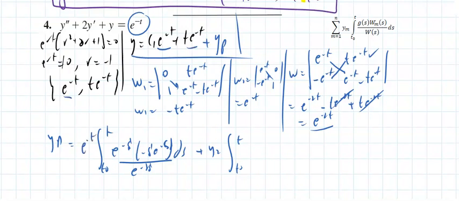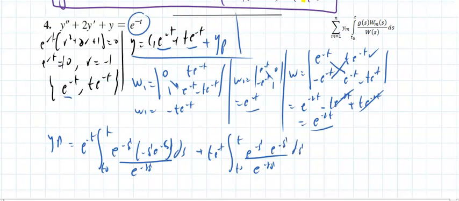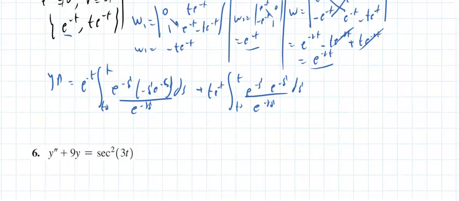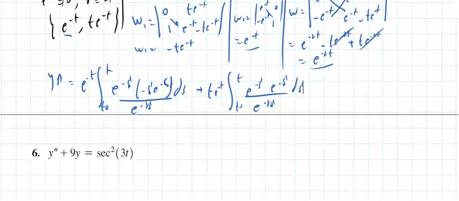And y sub 2 is really, based on what I have, t e to the negative t. And again, e to the negative s, that's not going to change. The Wronskian is not going to change. And when I take w sub 2, we said that was e to the negative s ds. And that finds the particular solutions, including the coefficients.